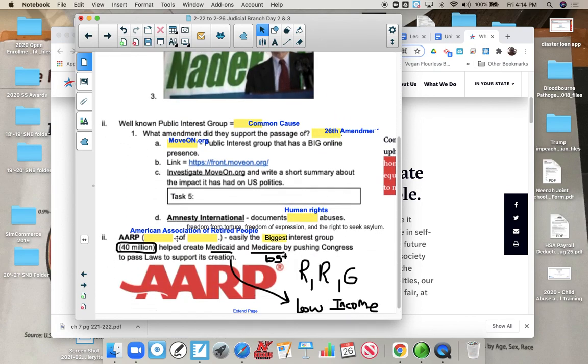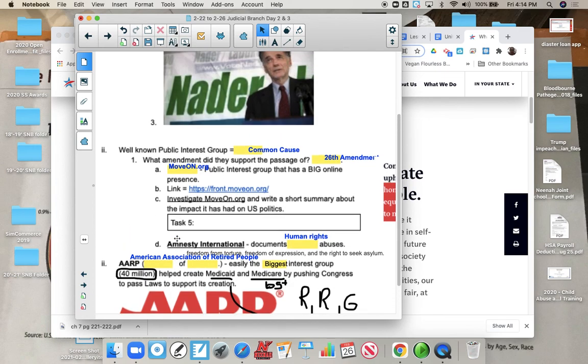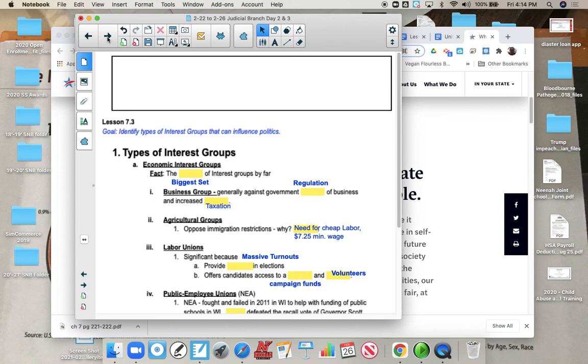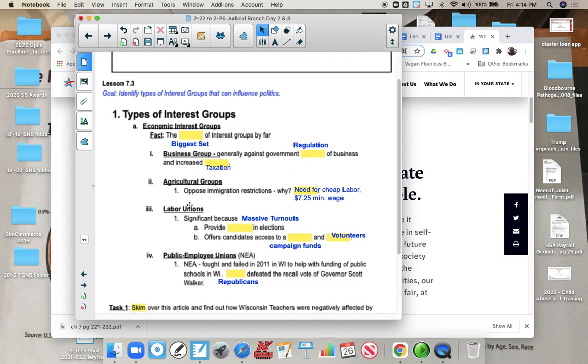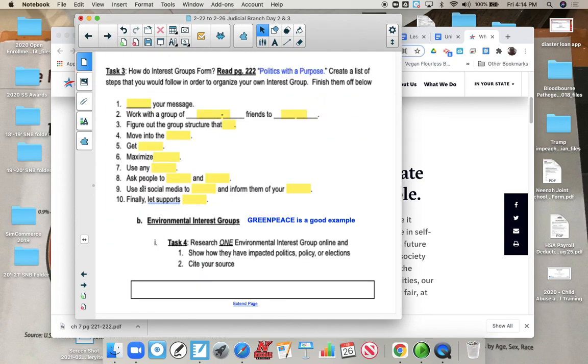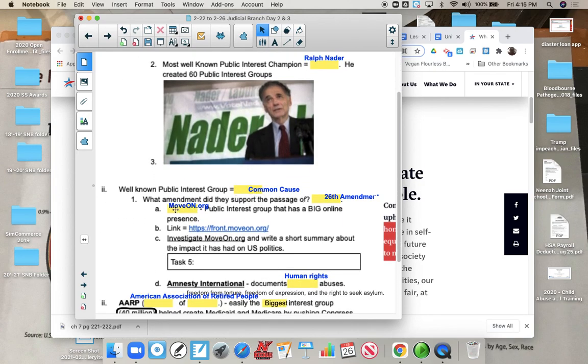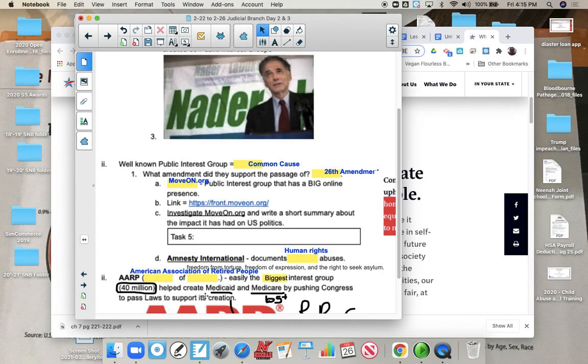All right, boys and girls, that wraps up lesson 7.3. Just going to highlight some of the things really quick. We've got 3 types. We've got economic interest groups, environmental interest groups like Greenpeace, and public interest groups like the ACLU, Common Cause, MoveOn.org, and AARP.